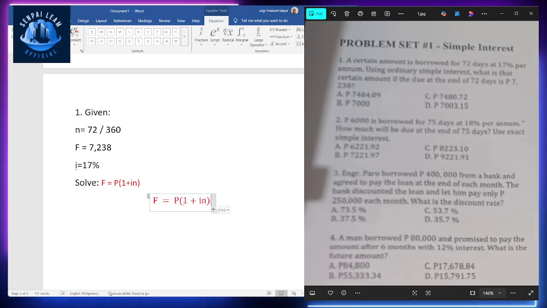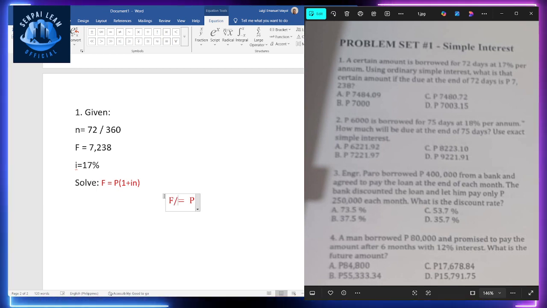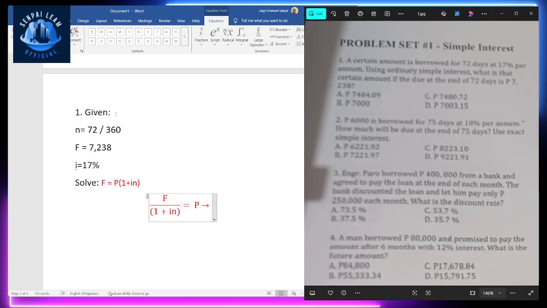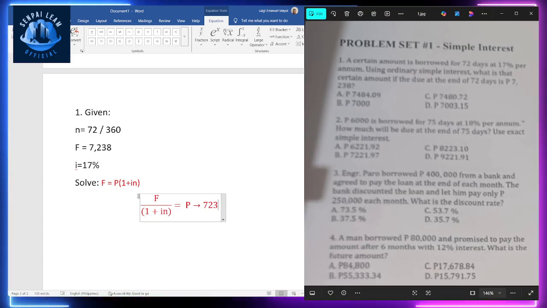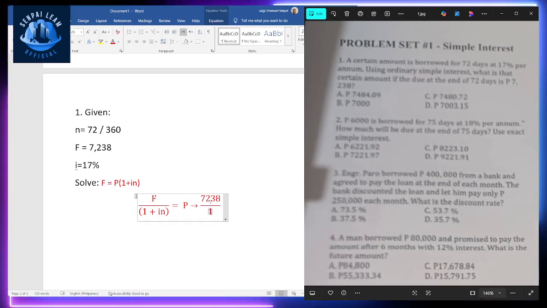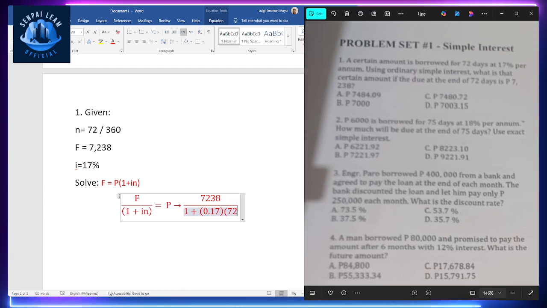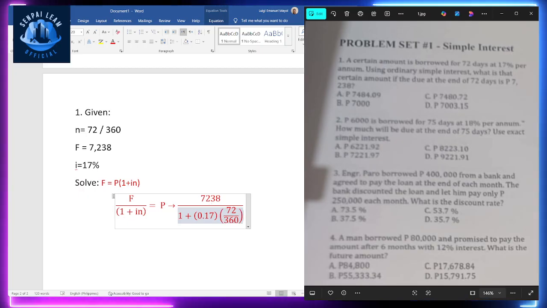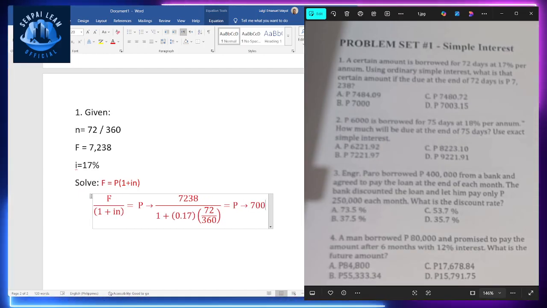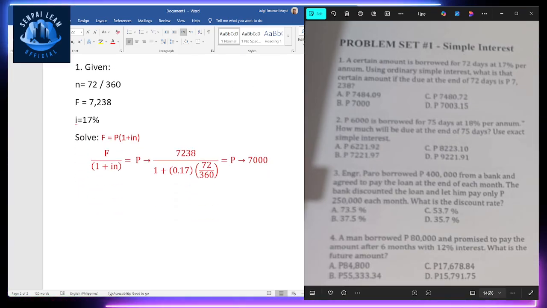Since we're getting the present value, we divide by this. Substituting the values: 7,238 pesos divided by 1 plus the interest, 17% or 0.17, times the number of years, 72 over 360, equals P. The value for this is 7,000 pesos.